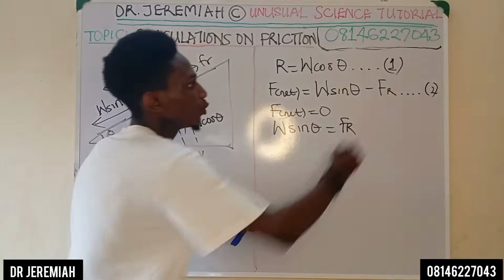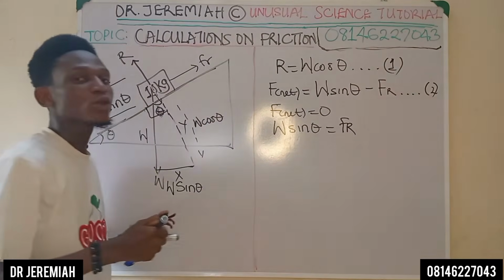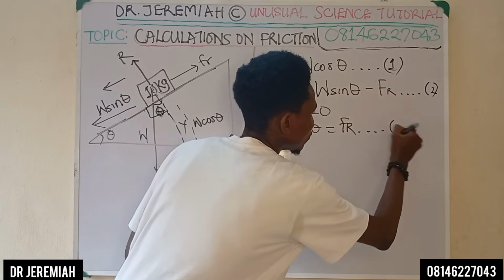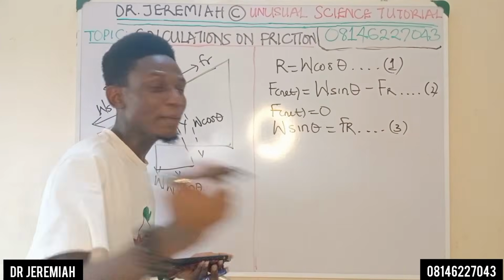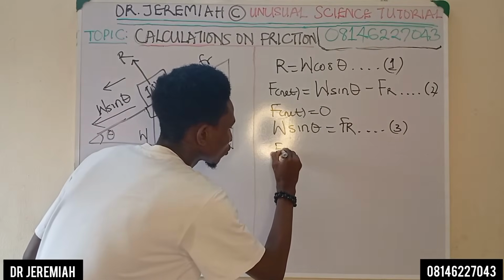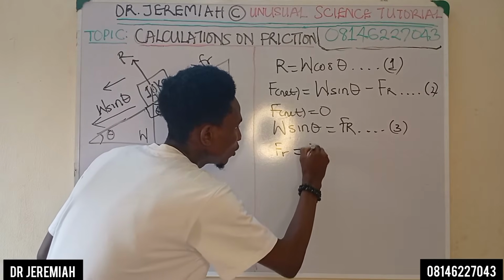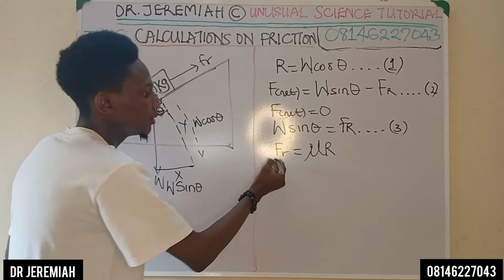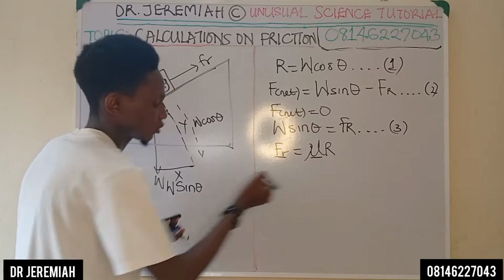This is equation 1 and equation 2. Now, let's call this equation 3. Remember that frictional force equals mu R, that's coefficient of friction times reaction, and this is frictional force, and this is coefficient of friction.